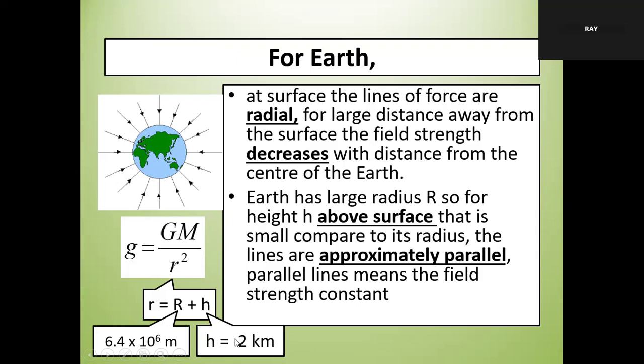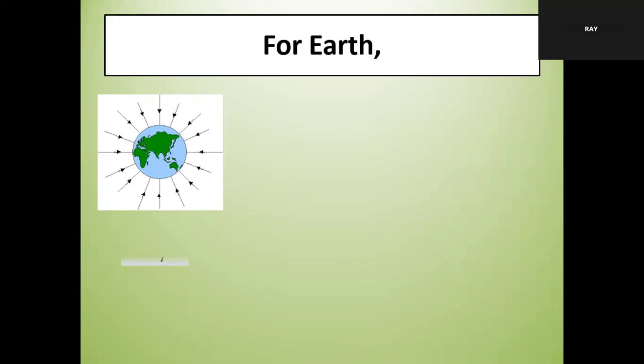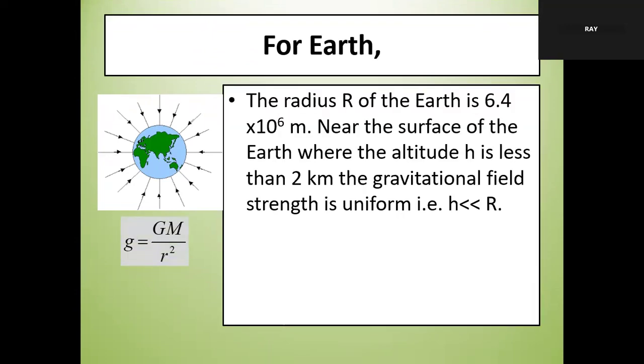So within the height of 2 kilometer or even 3 kilometer, the gravitational field strength of the Earth is uniform, constant, parallel. Near the surface where the altitude h is less than 2 kilometer, the gravitational field strength is uniform. That means your h, the height above the surface, is very much less than the radius.